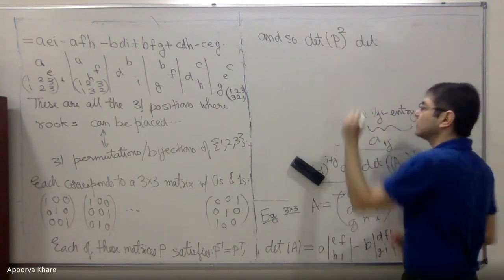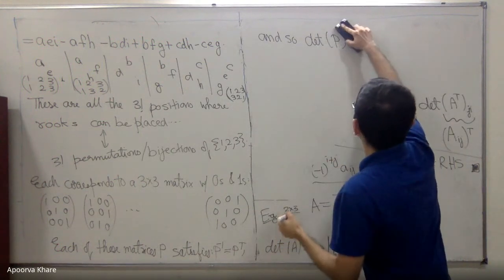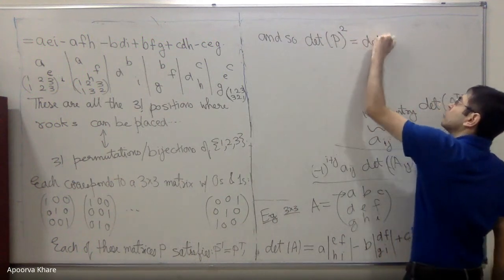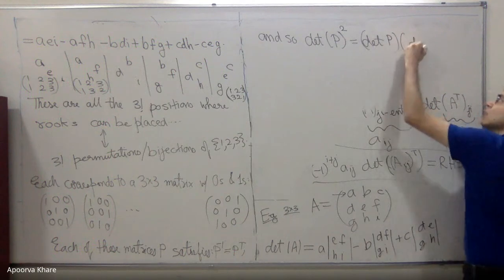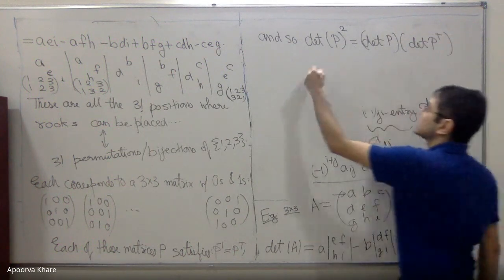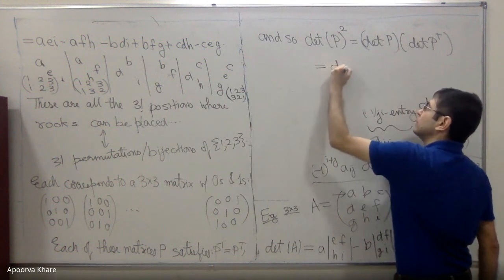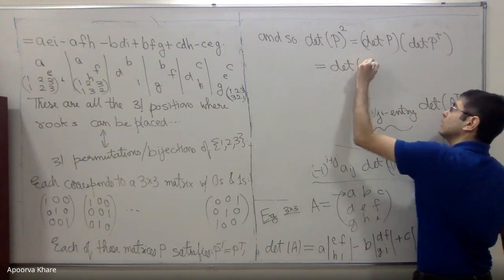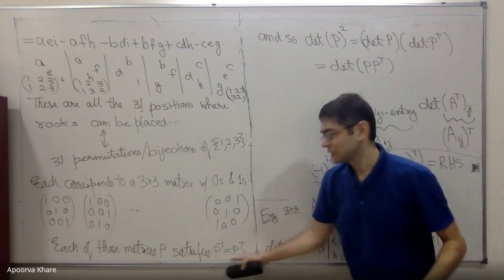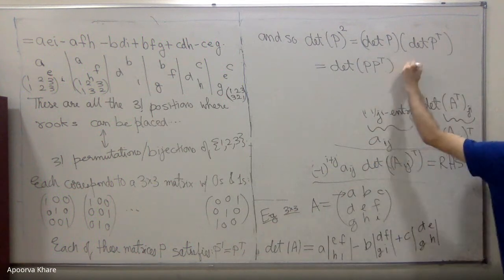You can say that the determinant of P square, let's look at this. Look at the square of the determinant of P. On the one hand, this is equal to determinant of P times determinant of P. And the second P I will make as the transpose. And now by multiplicativity, this is determinant of P times P transpose. And P times P transpose is the identity matrix. This is 1.